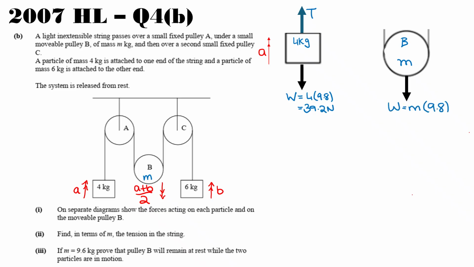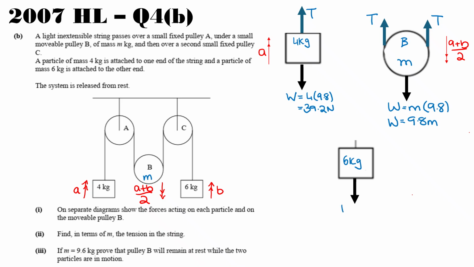So we're going to write that as W is equal to 9.8 M, and then pulling it up, it has two strings, so it has two tensions, and we have decided that that's moving down, which is going to have an acceleration of A plus B over 2. And finally, we have our 6 kg mass.